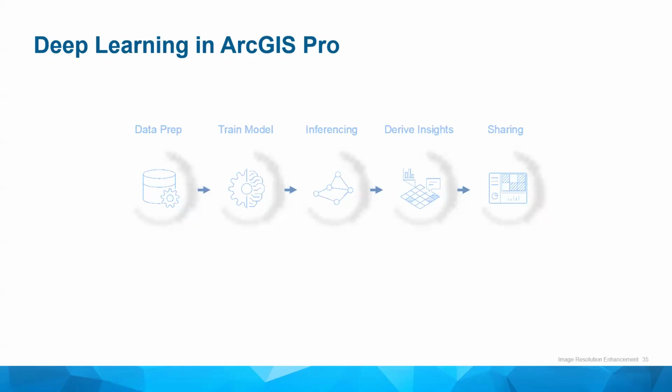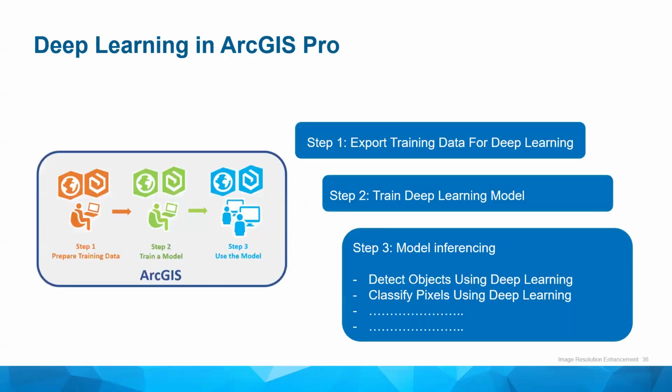Each one has its specifics. These are the tools that you mainly use in the three main steps: the export training data that I talked about, training the deep learning model, and finally the detection or inferencing part, which depends on the task that you're doing. It could be detecting objects or classifying pixels.